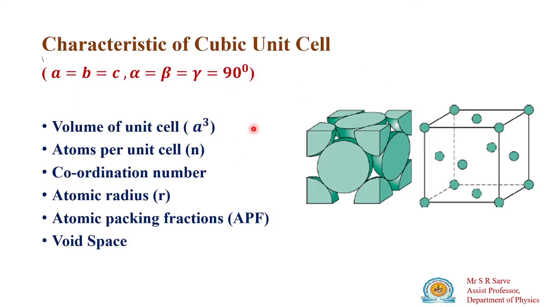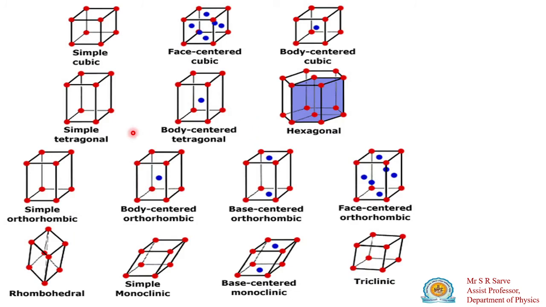Next is orthorhombic. In the case of orthorhombic, there are four Bravais lattices: simple, body centered, base centered. Base centered means the upper base and lower base are centered, as well as the corners. Face centered means at the corners as well as at the center of each face.